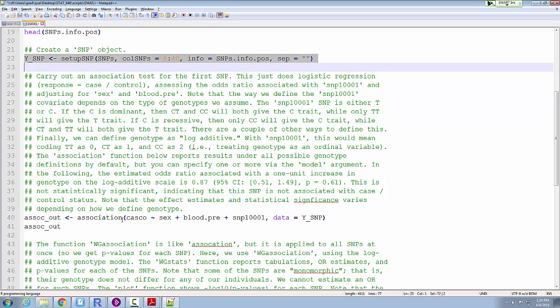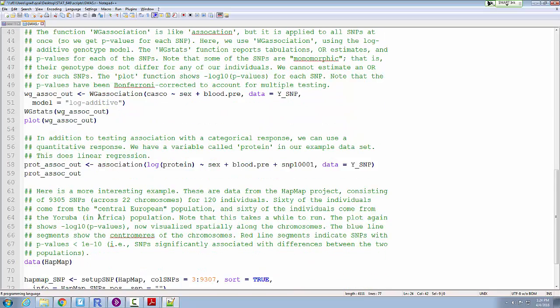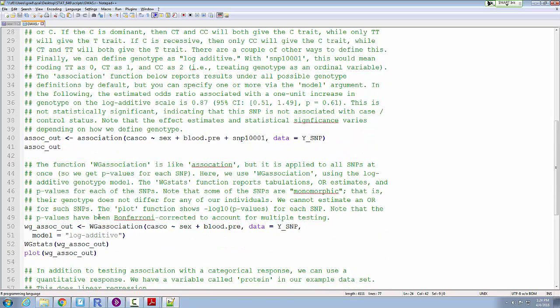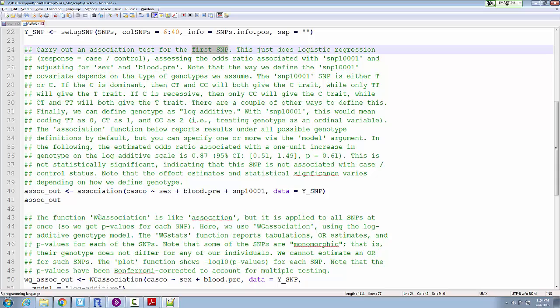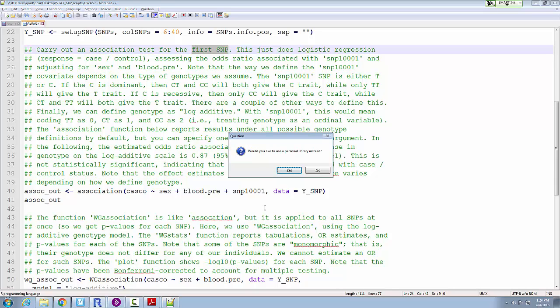An association test for a SNP can be done with the function association. We're going to do it for SNP1 right here. And all we're doing is logistic regression. I didn't show how to match it here. If we have time, I'll show you right now. Otherwise, I will show you next time.